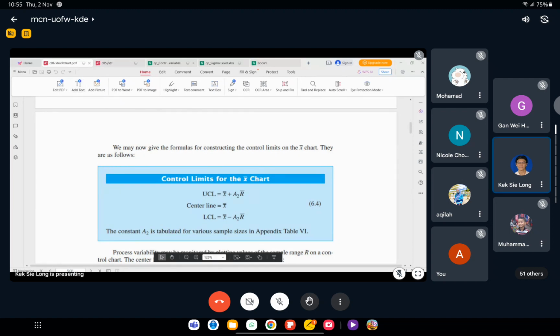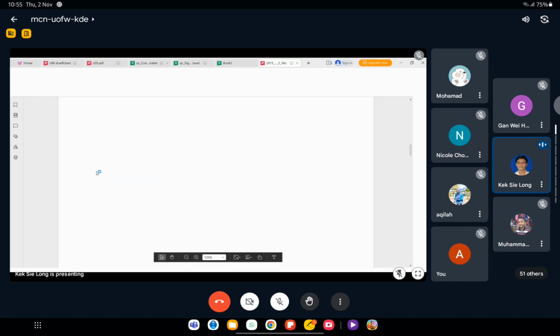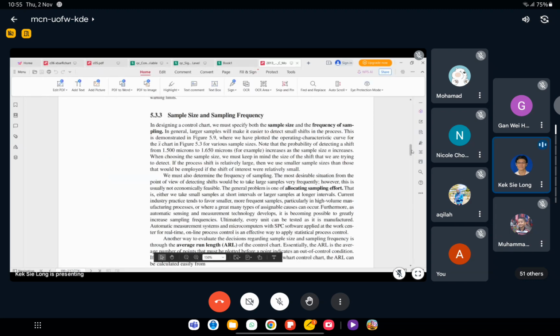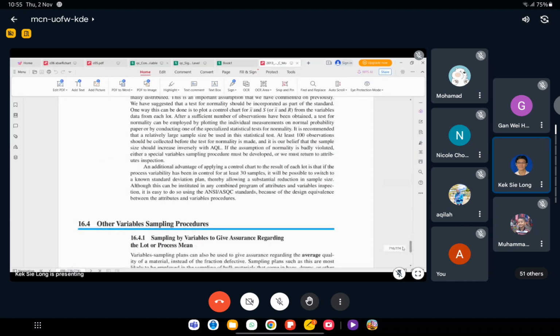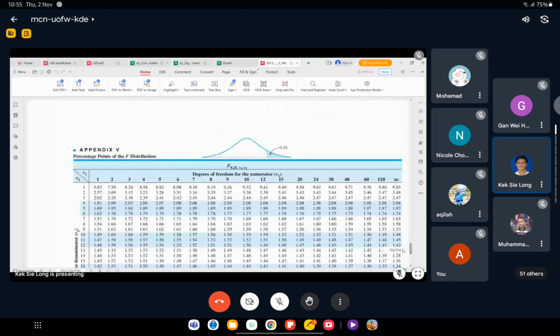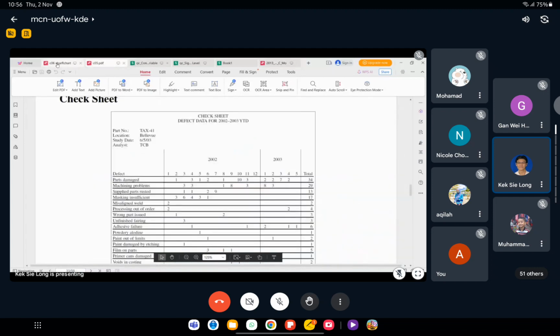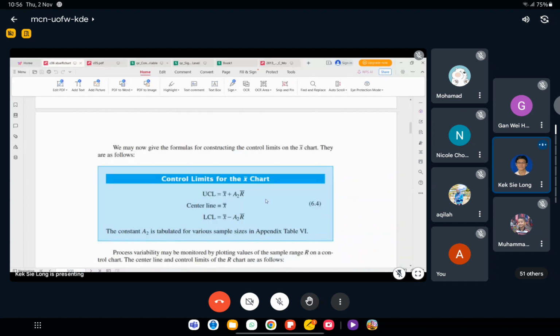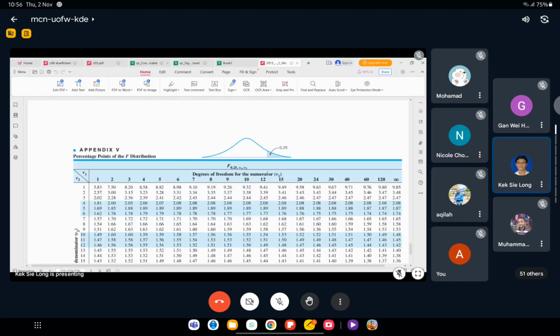I should turn on the ebook. If you can turn on the ebook, go to the appendix. Appendix table 6.